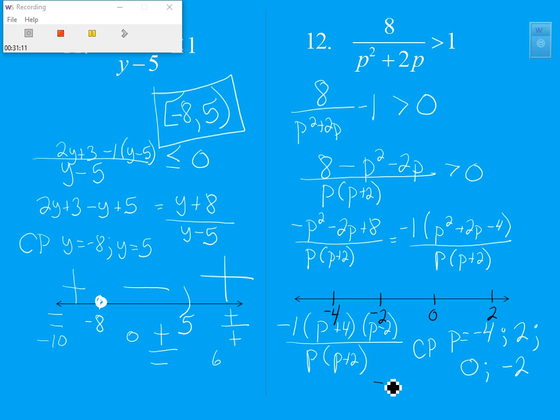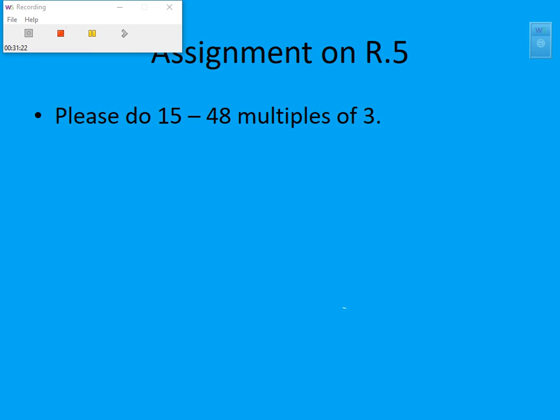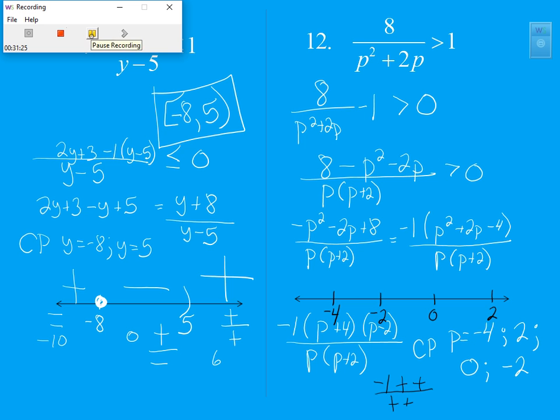So I've got negative 1. I need to keep that. 3 plus 4 is positive. 3 minus 2 is positive. Over a positive times a positive. Well, that negative 1 makes that interval negative. And then just to speed up the process of the video, it does go in this case, that's a positive, that's a negative, that's a positive, and that's a negative.